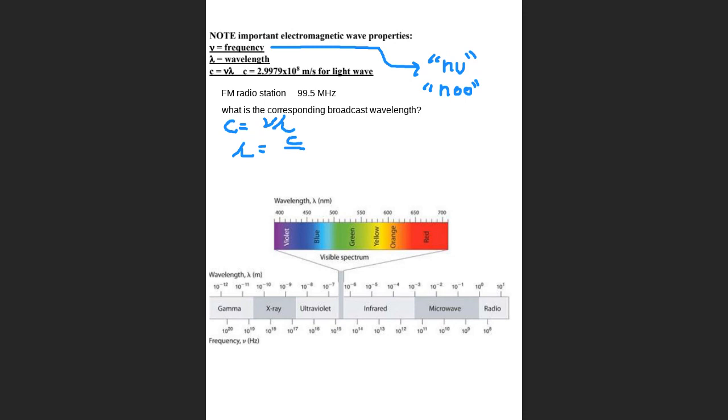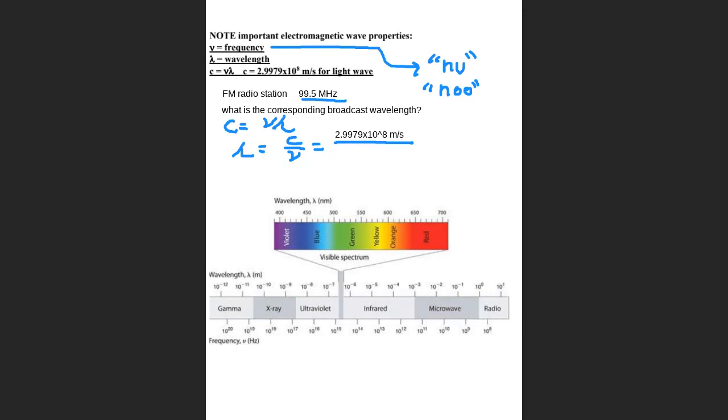Which naturally is C over nu. I take the velocity of light, well established by experiments at the beginning of the 20th century, and divide by the frequency. And here I have to use standard units for frequency.